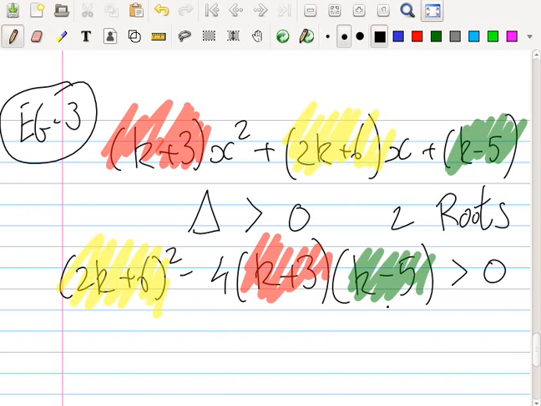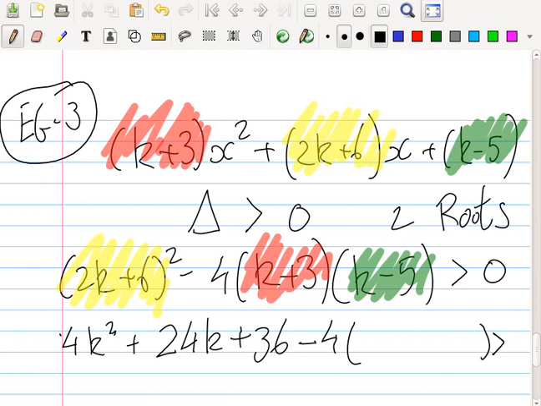Okay, so let's simplify this here. We got 4k squared plus... 36? Are you sure? No, 24. Twice the first, 4 times, 24. Is that right? Yeah, 24k plus 36. Now we have to multiply this out. Minus 4, squeeze it in here.